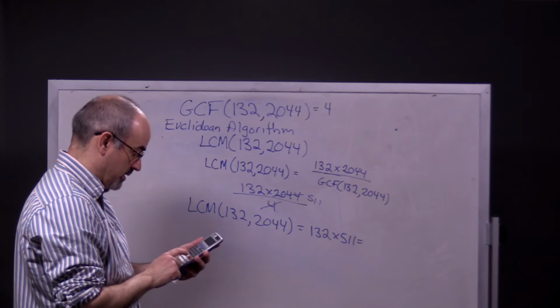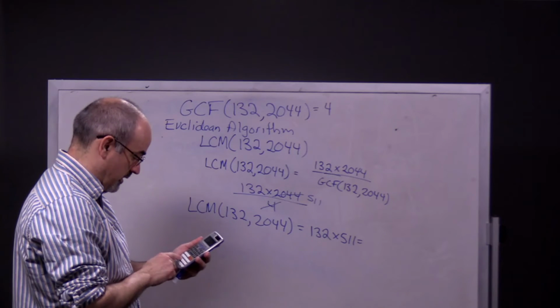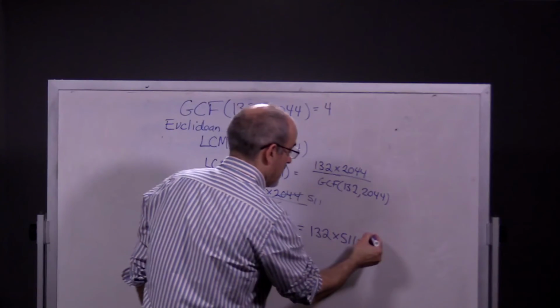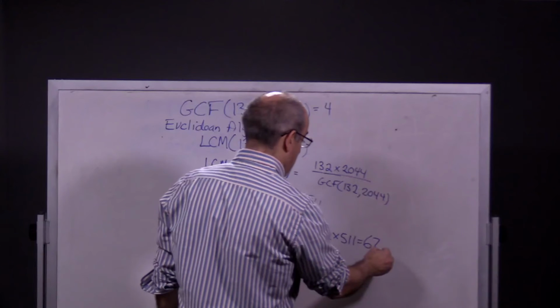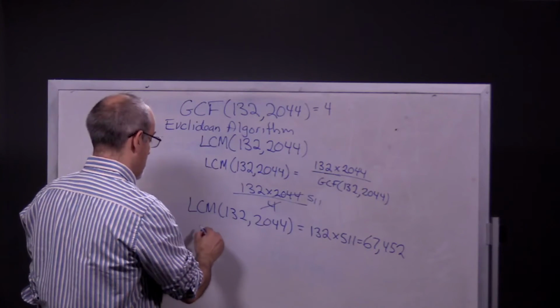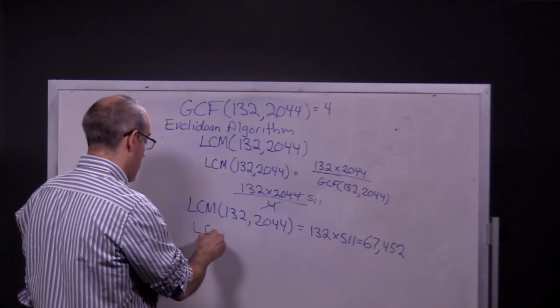That can't be right. 511 times 132 is 67,452. So, see if you can still see it. LCM.